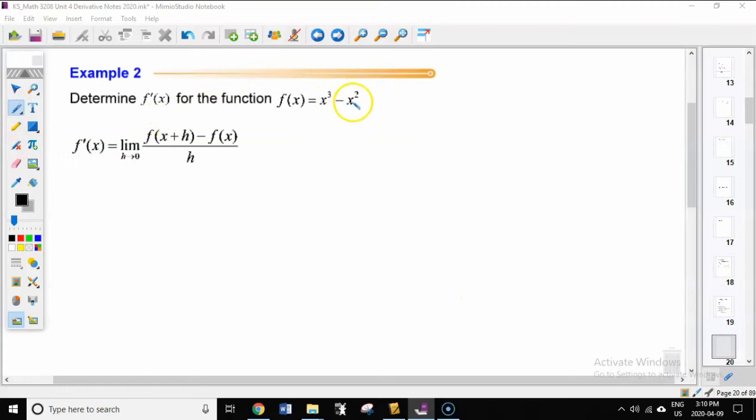So this one here has x squared, but it also has x cubed. So that's where it gets a bit more challenging because we've got to do out a cubic. So I'm not going to show every single step. However, f of x plus h is going to give me x plus h cubed.